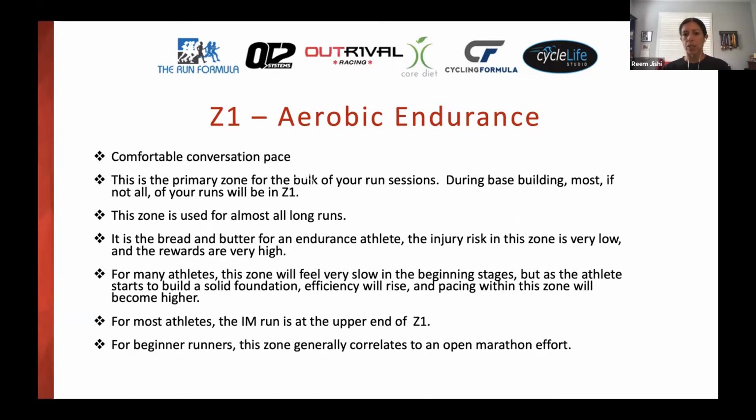Why is this pace this slow? And then if you keep running at that same level of effort, with time your pacing is going to start increasing, and instead of that maybe 12-minute mile, now maybe you'll see a 10-minute mile at the same level of effort. That's the goal with doing a lot of Z1 work.